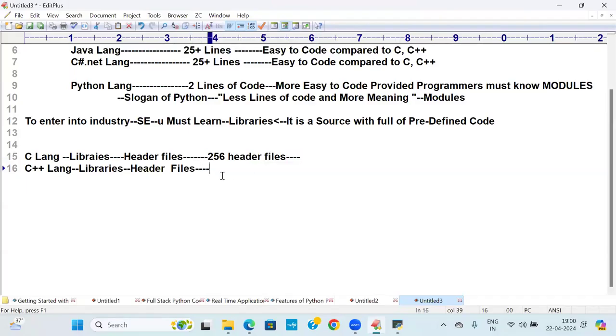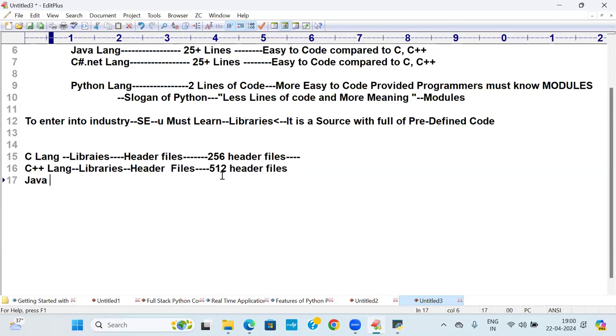If we come to C++, there are 512 header files. And your faculty will tell only one. My faculty also said one only. What is that? iostream.h. After that, they won't tell any C++ header files. C is better, 4 they said. C++ only 1 they will say. In Java, what did they say?